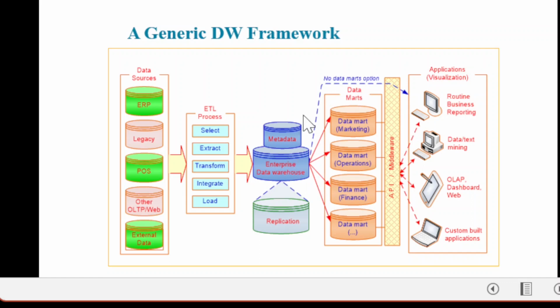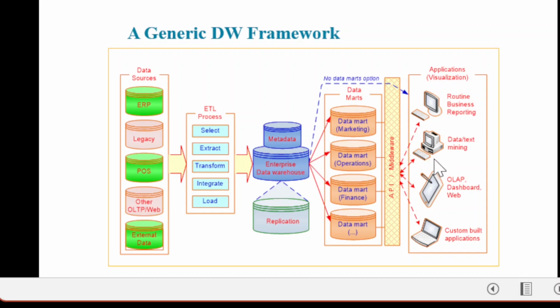Without a data mart, the data from the data warehouse can go straight to these applications, or it can pass through a data mart first. It depends on the needs of your organization. If your organization needs specialized analysis of data for marketing, it will be passed to that marketing data mart before going to the middleware and API to be used in the applications.